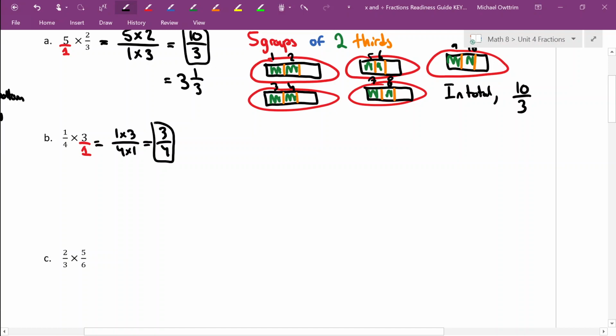Now, if I want to go ahead and do that, I want to start by modeling 1/4. And then I have 1/4 of 3 groups. So again, I've got 3 groups of 1/4.